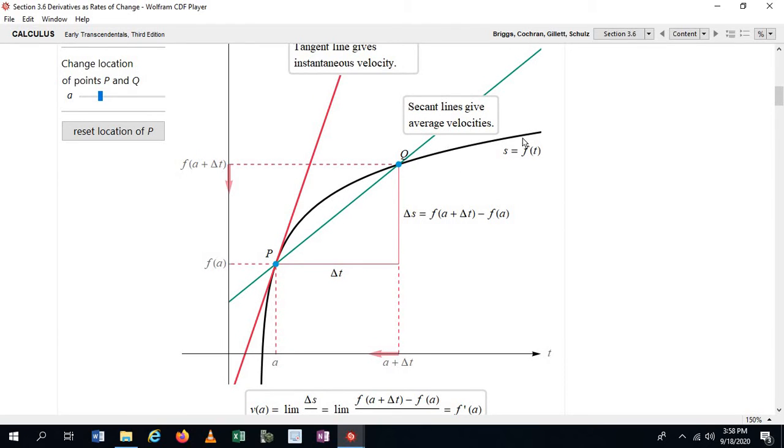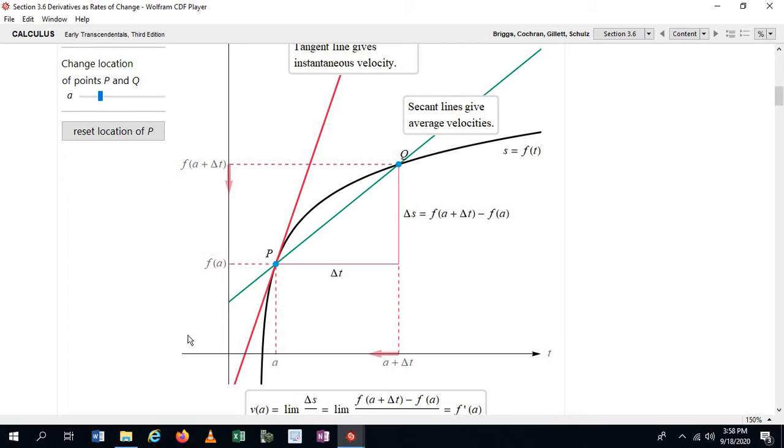Suppose this is the graph of the position function, and we want to find the average velocity of the object between this time a and this other time a plus delta t. You may remember the average velocity of the object between these two times is simply the slope of the secant line between those two points on the position function.